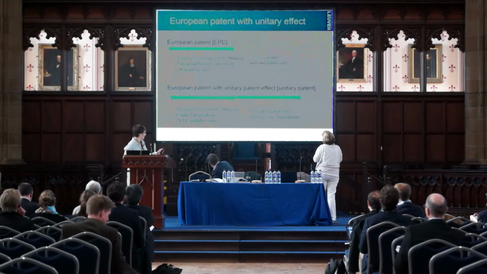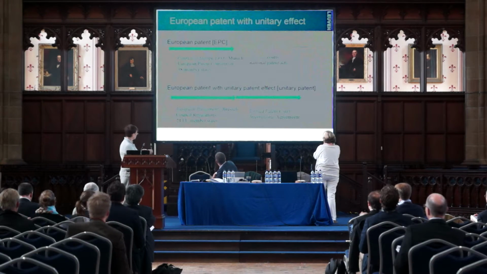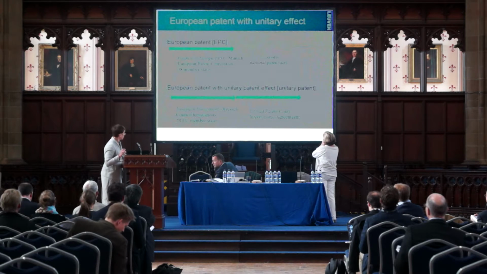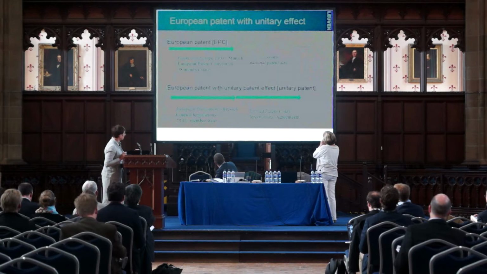The European patent, harmonized application procedure, but problems when it comes to infringement. You have fragmentation of jurisprudence. So the European patent with unitary effect tries to remedy that incoherent, fragmented landscape.